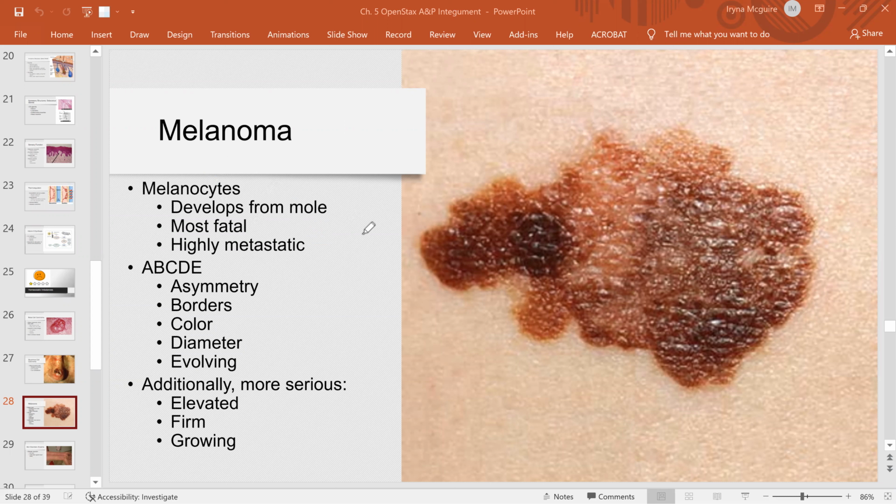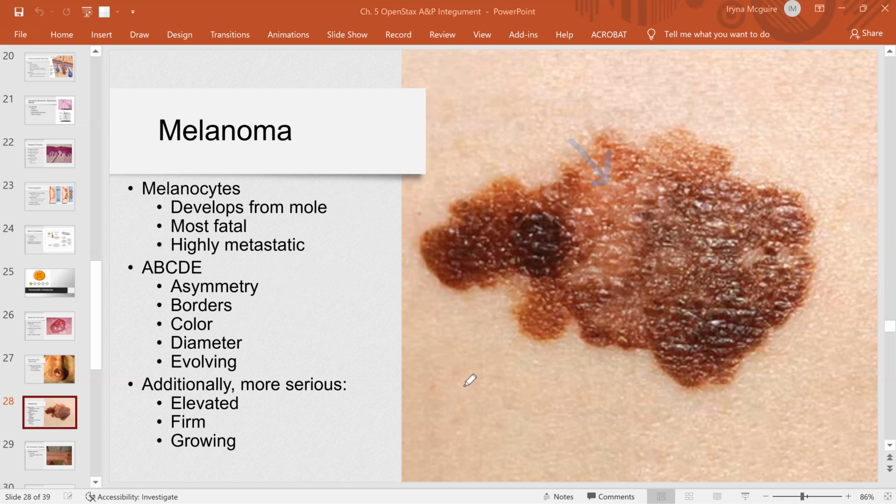progresses very quickly. Medical professionals use the A, B, C, D, E rule to diagnose melanoma. It might look like a mole, but if it's asymmetrical, it has uneven borders, it has color, and color usually means you have two types of color, like a darker color and a lighter color.